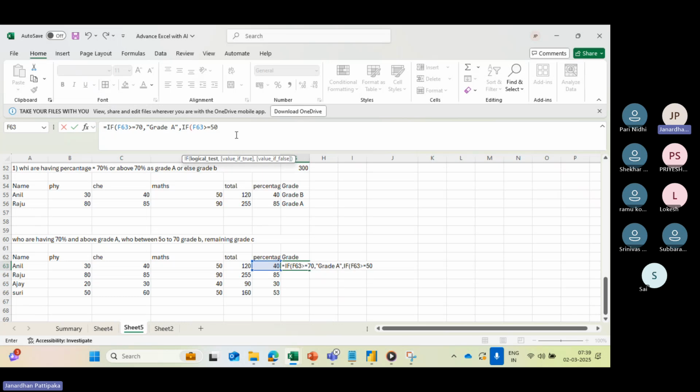This is my condition. So 70 and above is already covered. If greater than or equal to 50, this is my logical condition. After giving the logical condition, you need to give a comma. So what is next? If it is greater than 50, I need to get grade B.